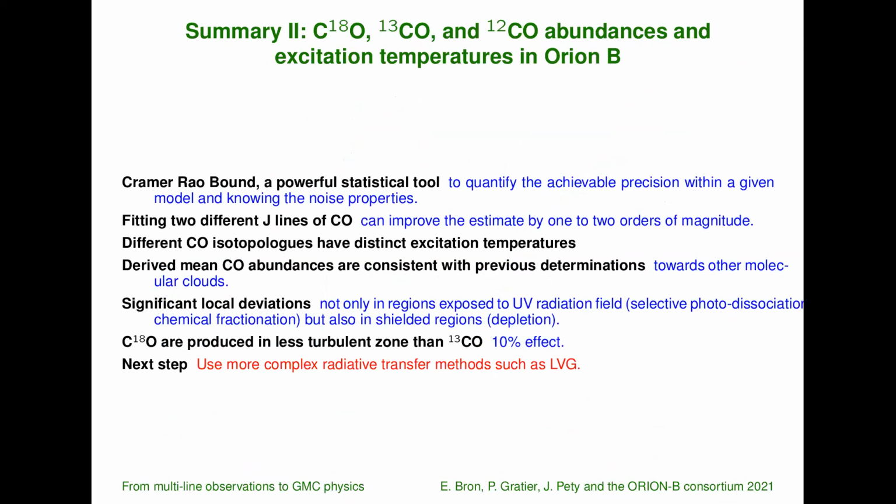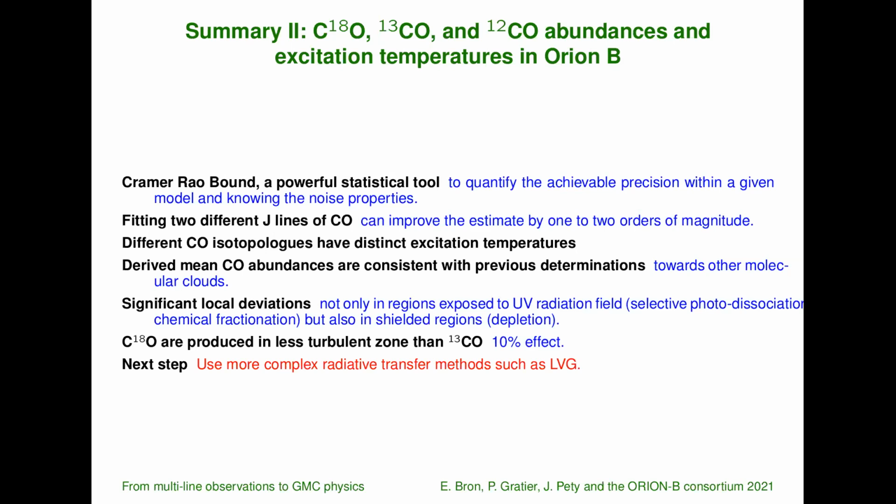Of course, fitting two different rotational lines of CO can improve the estimate of the column density by a fair amount. It's important to take into account that different CO isotopologues have distinct excitation temperatures, else you will bias your derived column density.